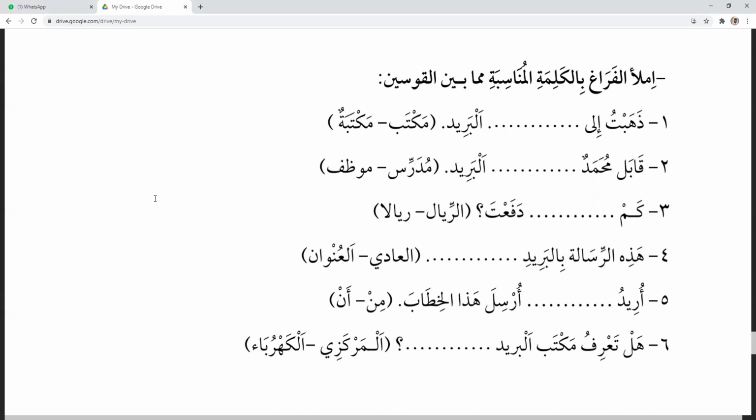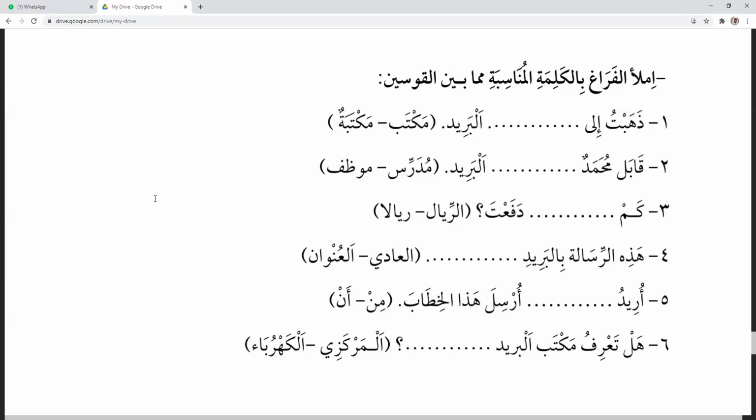Al-Markazi is correct, you picked the correct one. Al-Markazi means central. So maktab, is it bal, bil, or bul? Okay, "هل تعرف مكتب البريد المركزي؟" the central post office.